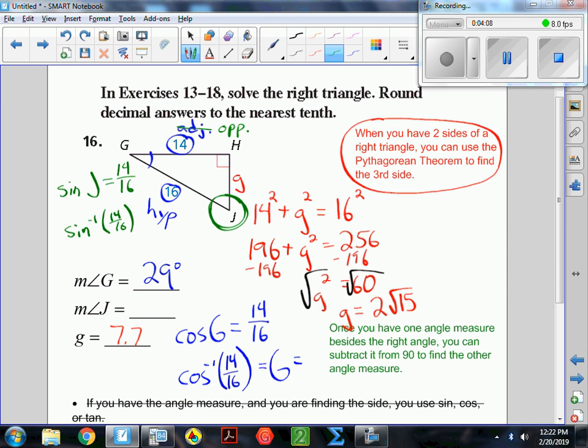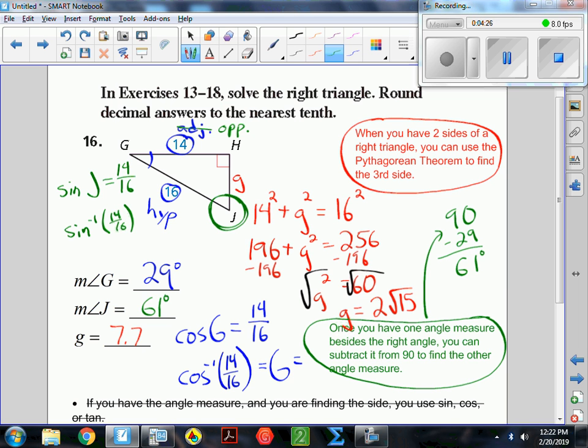Or draw your attention down here on the right in green. Once you have one angle measure besides the right angle, you can subtract it from 90 to find the other. So 90 minus 29 is equal to 61 degrees. So J is going to be 61 degrees.